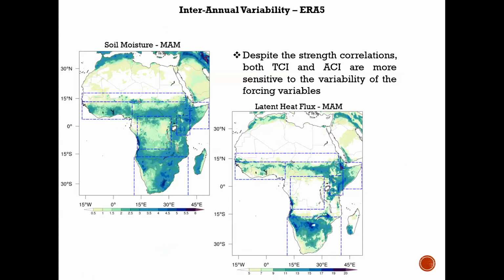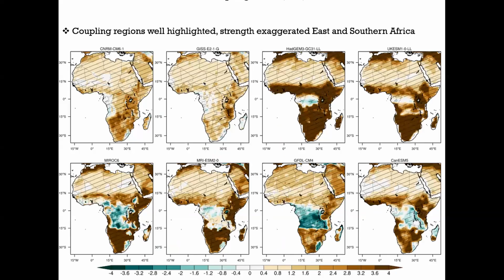And we looked at the standard deviation of soil moisture and latent heat, and we noted that the relationship actually is driven by the variability of these two variables. So it was important to consider the standard deviation in the computation of the index rather than relying on the correlations alone.